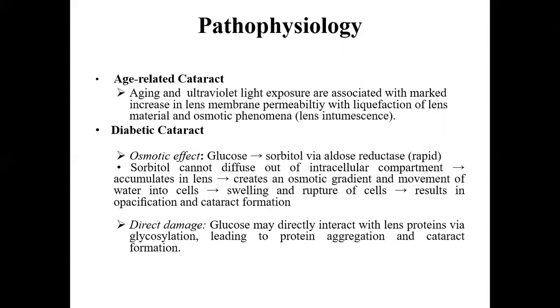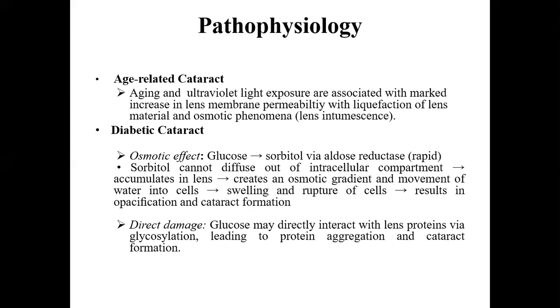If it is due to diabetes, we have two ways: the osmotic effect and direct damage. In the osmotic effect, glucose changes into sorbitol via aldose reductase. The sorbitol cannot diffuse out of the intracellular compartment of the lens.